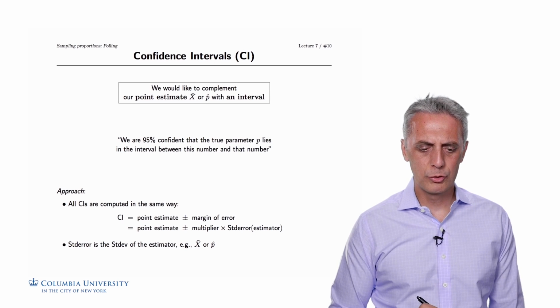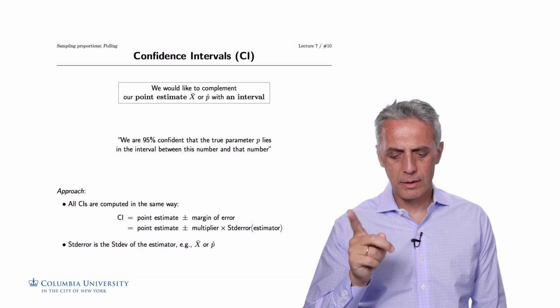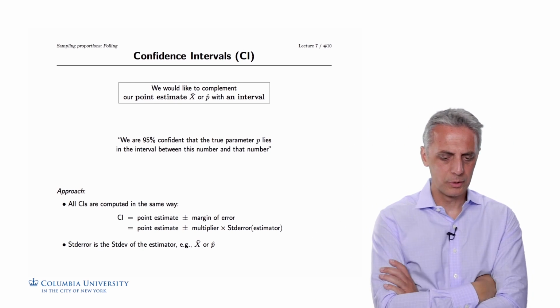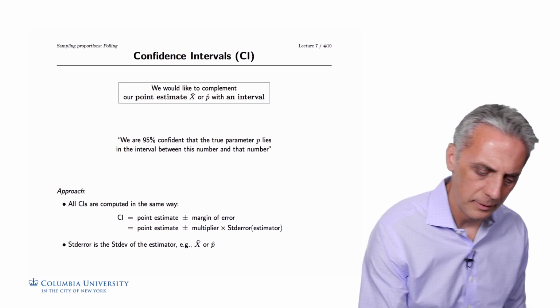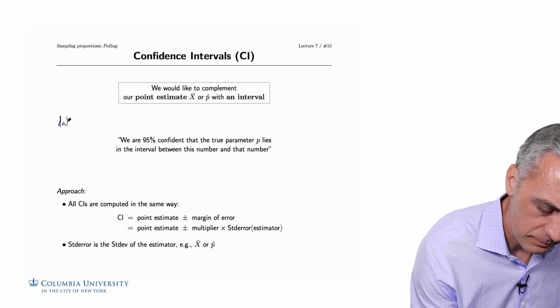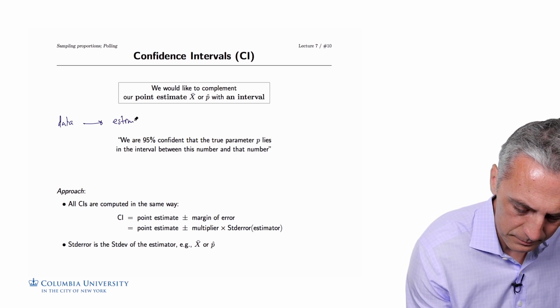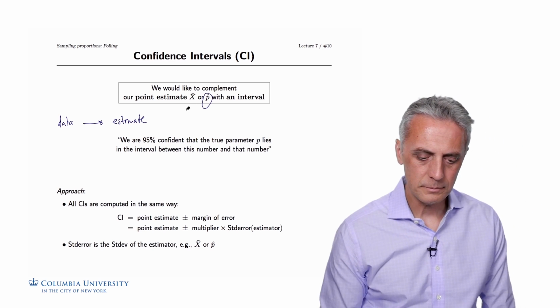Now, I want to finish off by doing one very simple thing, and that's going to be sort of a segue to what we're going to do next. So when we use data and we got an estimate, let's say that was p hat.